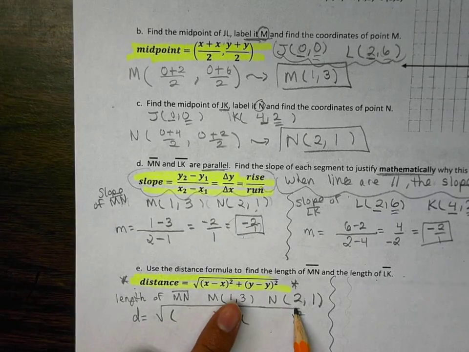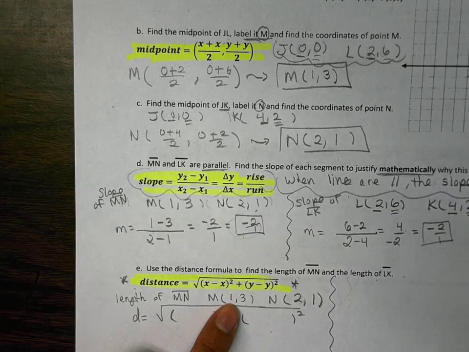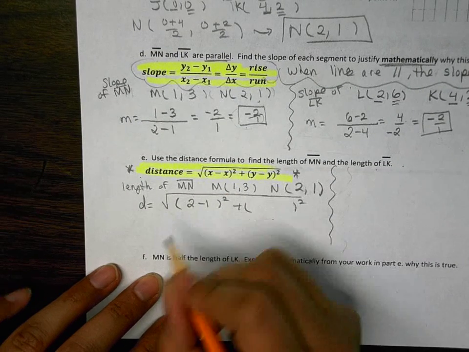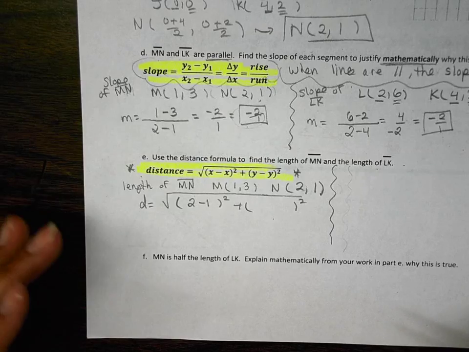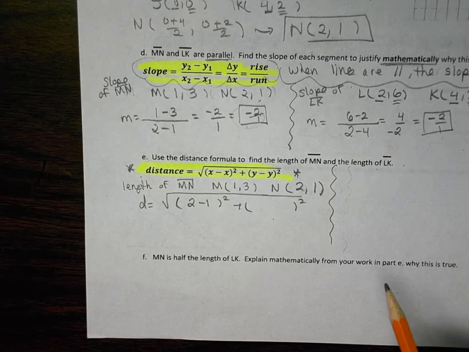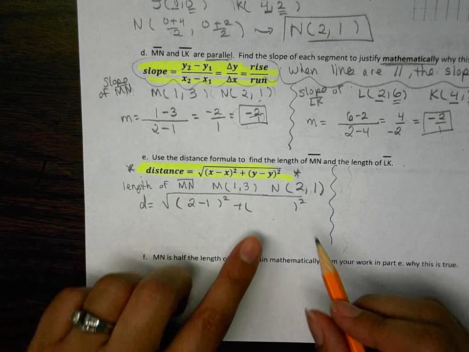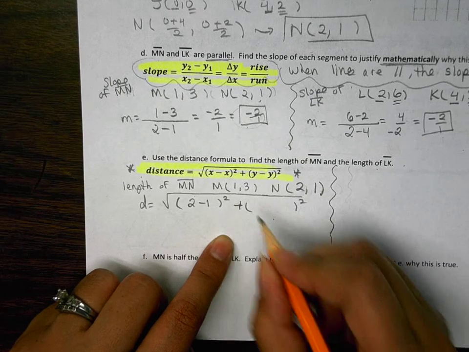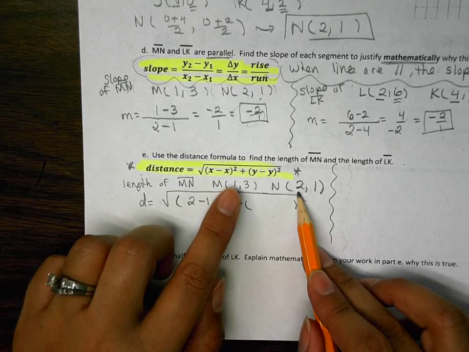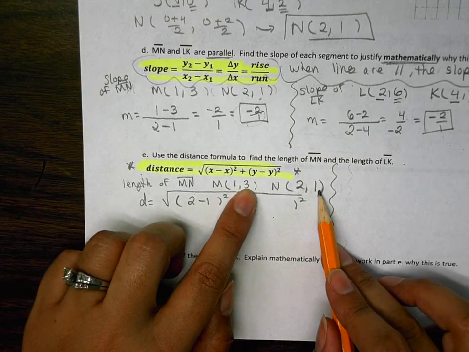Do you want to do 1 minus 2 or 2 minus 1? 2 minus 1. Now technically because you're squaring it, it doesn't matter for the order of the second one, but I'm going to keep it consistent just so we don't mess up the slope. If I did 2 minus 1, what would I do over here? 1 minus 3.